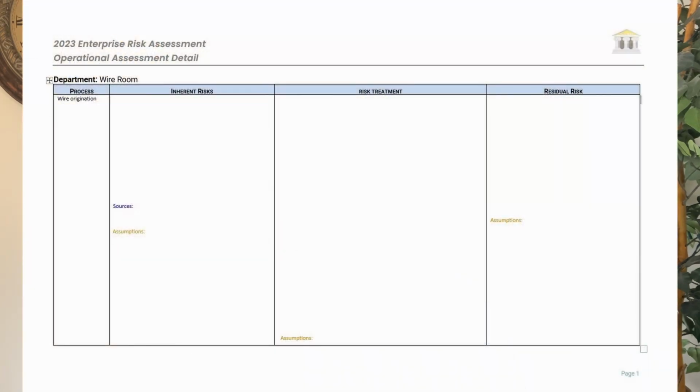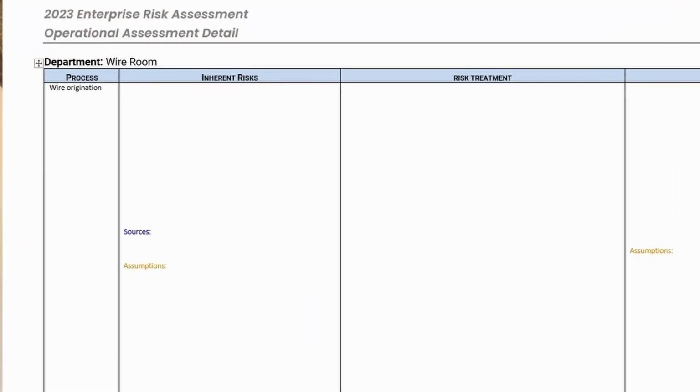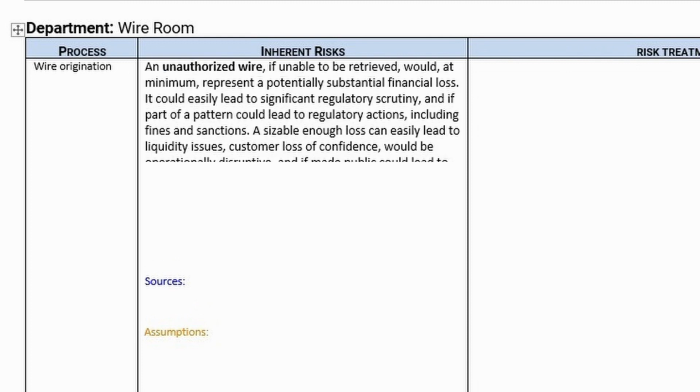In our case, we're talking about an unauthorized wire. So an example description might be: an unauthorized wire, if unable to be retrieved, would at minimum represent a potential substantial financial loss. It could easily lead to significant regulatory scrutiny, and if part of a pattern, could lead to regulatory actions, including fines and sanctions. A sizable enough loss can easily lead to liquidity issues.